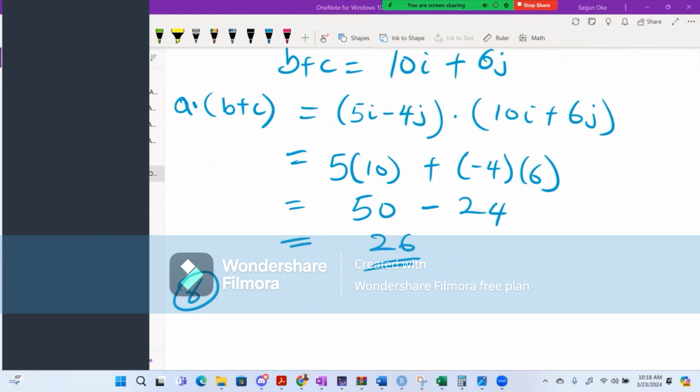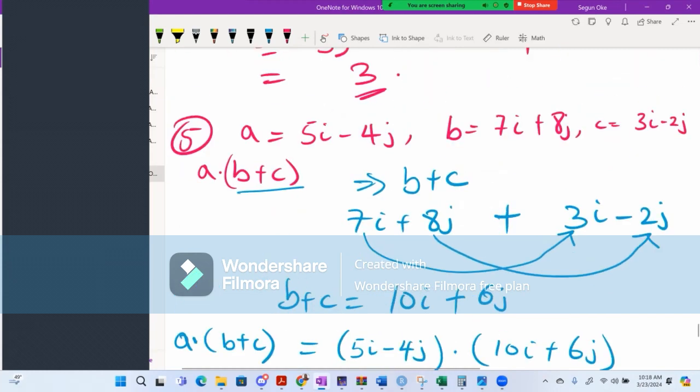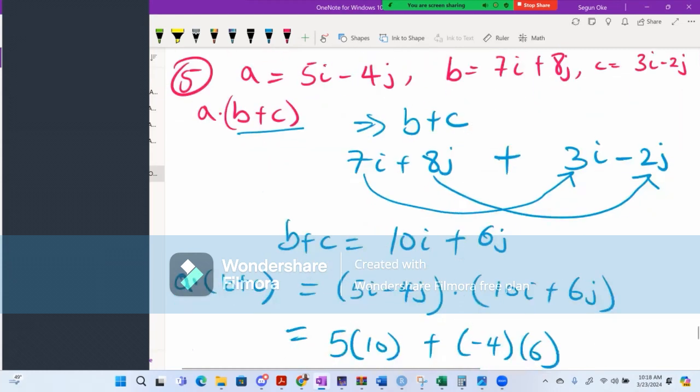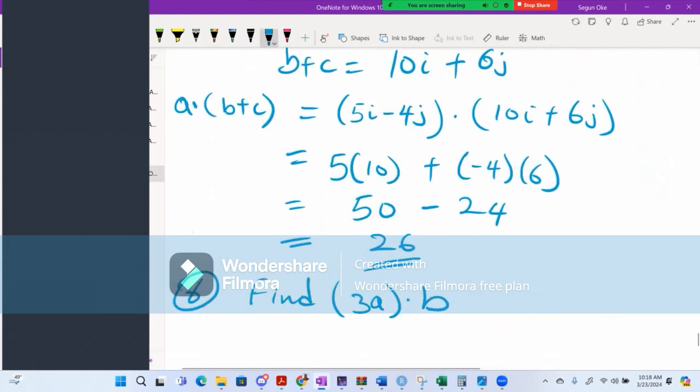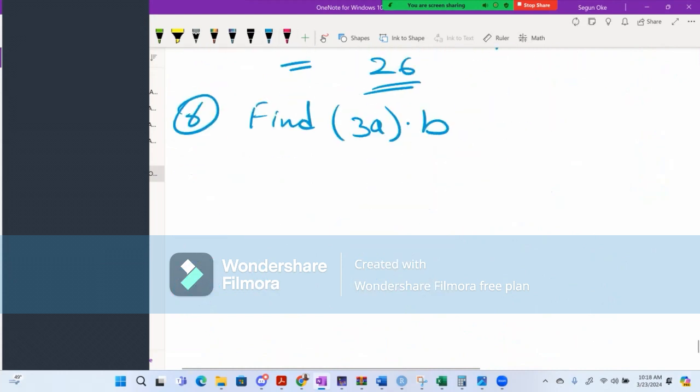The question says, find 3A dot B. Everybody do that. You have your A, B, C here. What we are saying is you first of all find your 3A, like I explained to you.